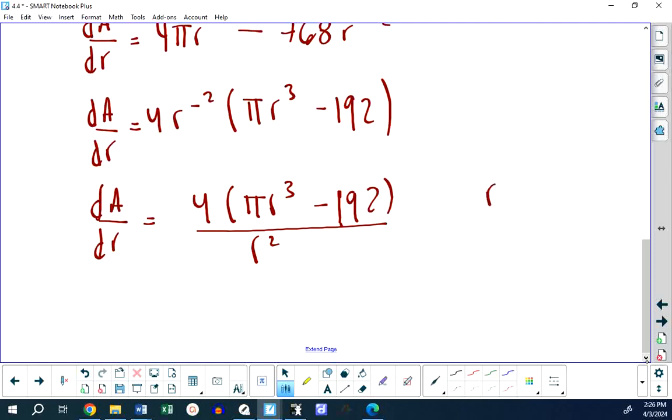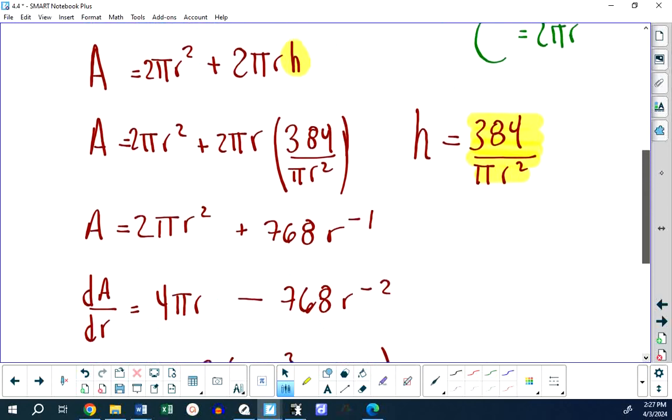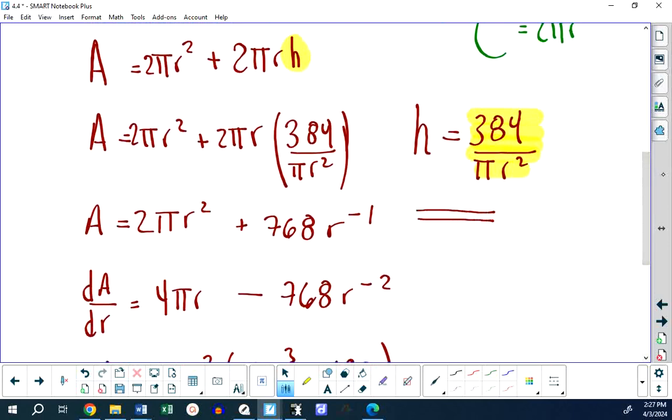So we get 2 critical values of r. One of the critical values of r is 0, because that would make the derivative undefined. And don't discount that. I mean, I know it's not going to happen yet, but you need to think about, is it possible for that to be a solution? Because sometimes it will be. But it won't be in this case, because in this function, r must be positive.